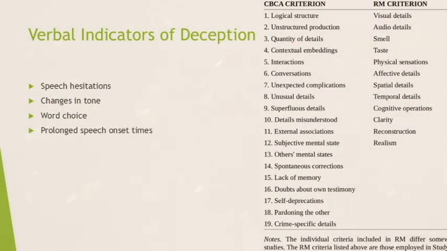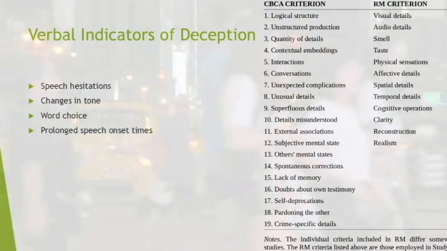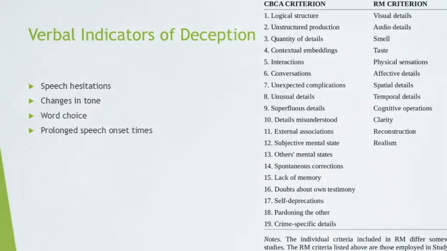And research does suggest that deceptive individuals can exhibit hesitations and pauses or speech disruptions as they navigate the cognitive demands of constructing and maintaining false narratives. And these verbal hesitations can manifest as filled pauses, like ah or oh, or prolonged speech onset times, pausing for a long period of time before answering, reflecting the cognitive effort involved in fabricating the lie.